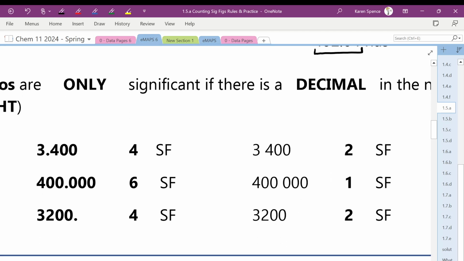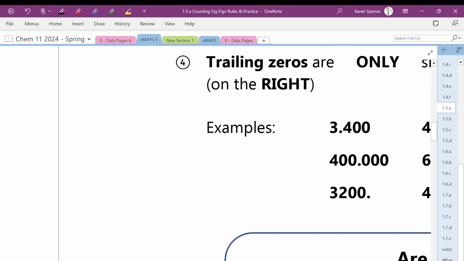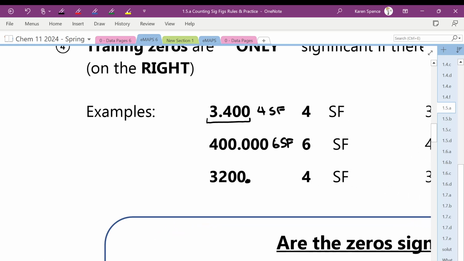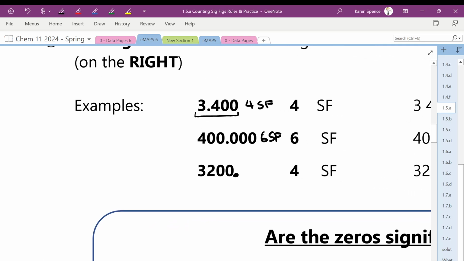Now we get to our ending zeros. So we're going to take a look at 3.400. There is a decimal, so are those zeros significant? Yes, so there are 4 sig figs. 400.000. Yes, so there would be 6 sig figs. 3200, there is a decimal. We can actually put a decimal right at the end if we need to.